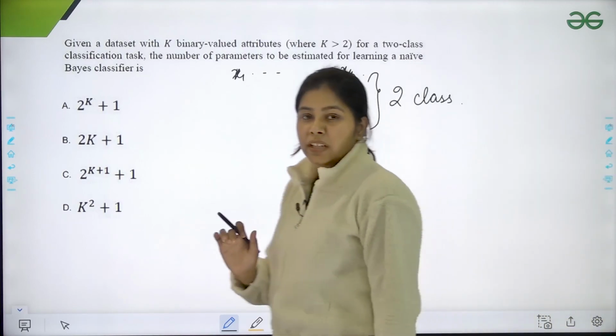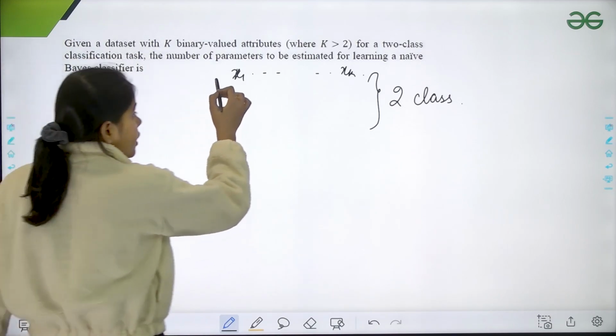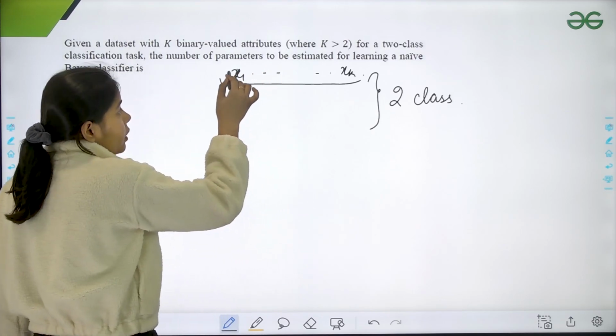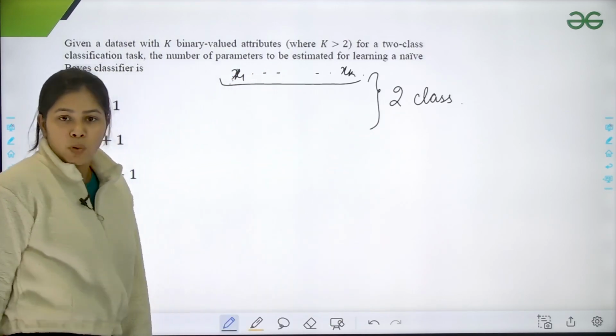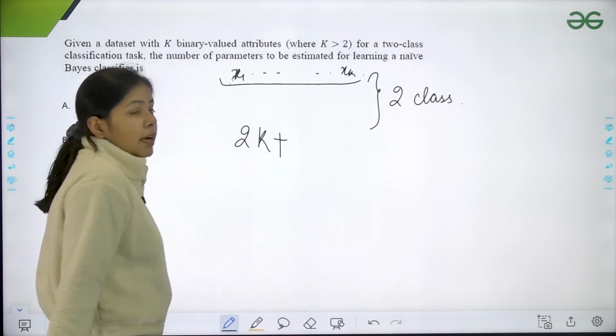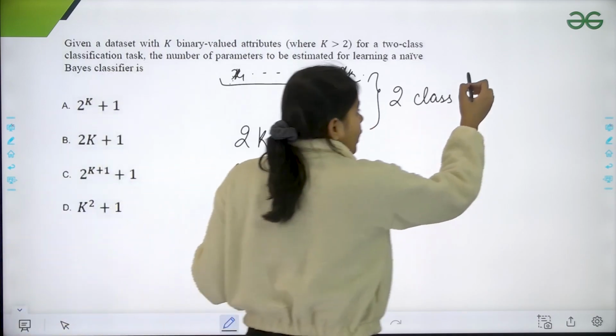So how do we estimate these parameters? How many parameters do I have to estimate? First of all, I have to find out for each attribute, with each of the classes, the probability. That means 2 into k probabilities I have to find out. And one probability I have to find out for the class, because we have 2 classes.